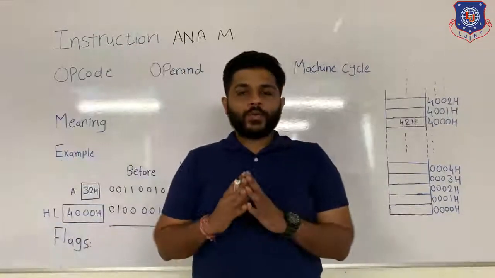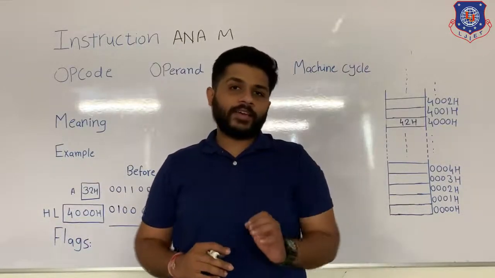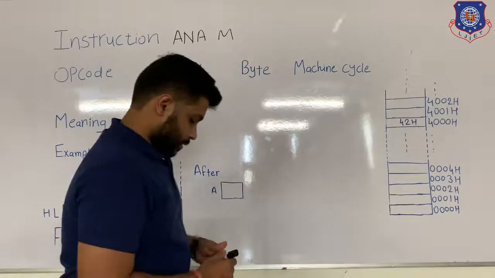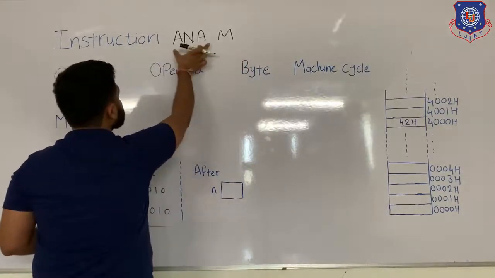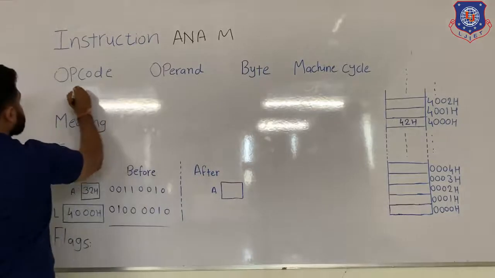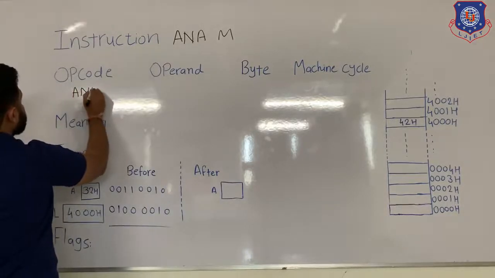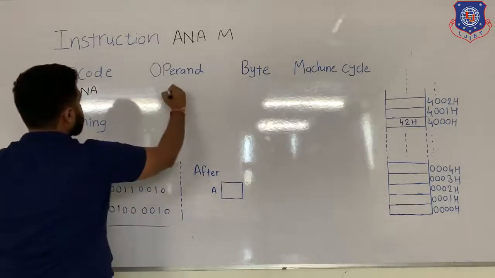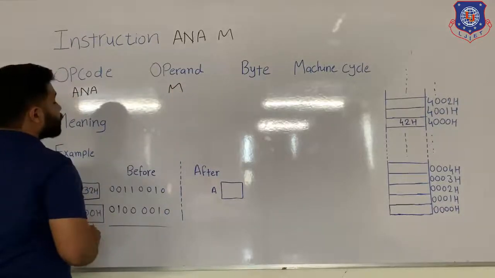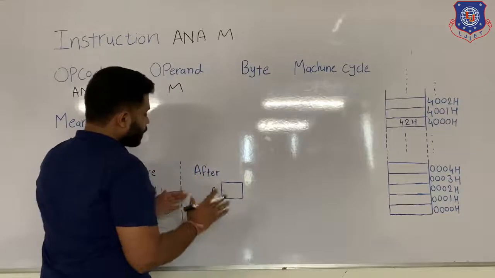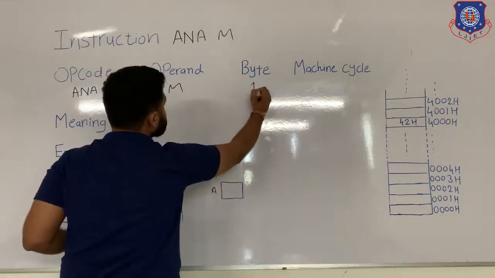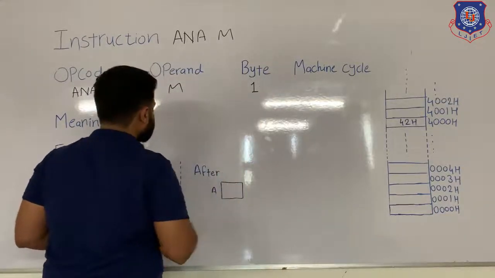Okay students, now we are going to see the instruction ANA M. As you can see, in this instruction the first part is opcode, that is ANA. The remaining part is operand, that is M. You can see that in this instruction no data is present. It means this instruction is of only 1 byte.